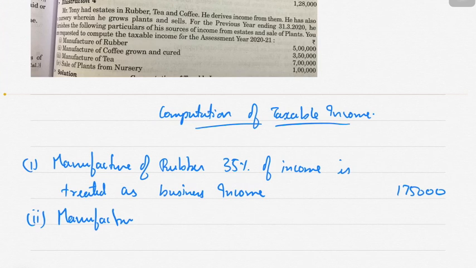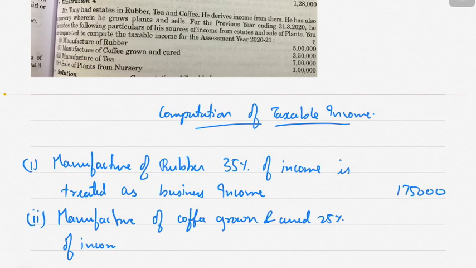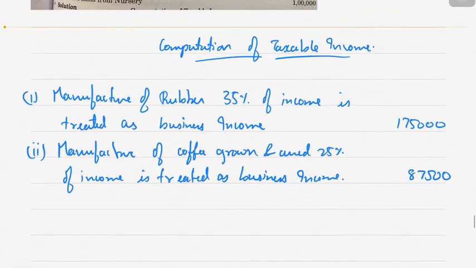Manufacture of coffee grown and cured, 25% of income is treated as business income. So 3,50,000 into 25% comes to 87,500.